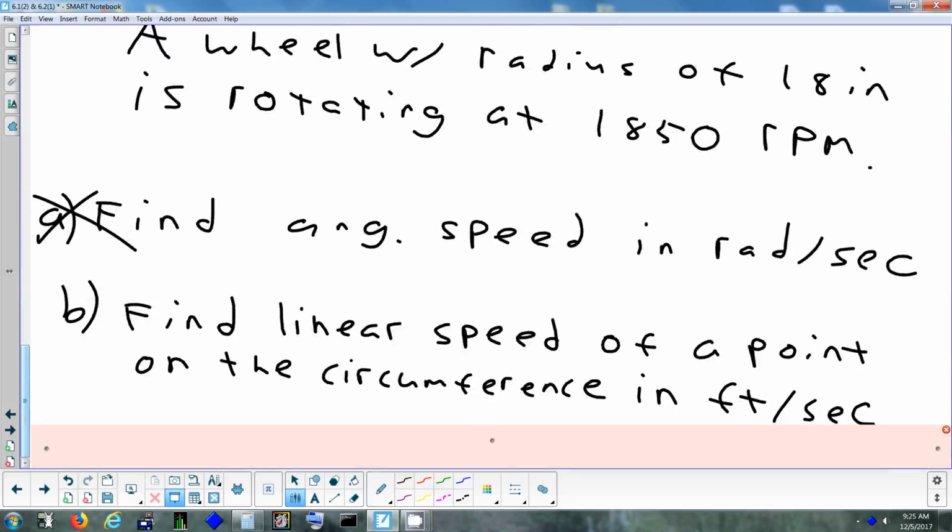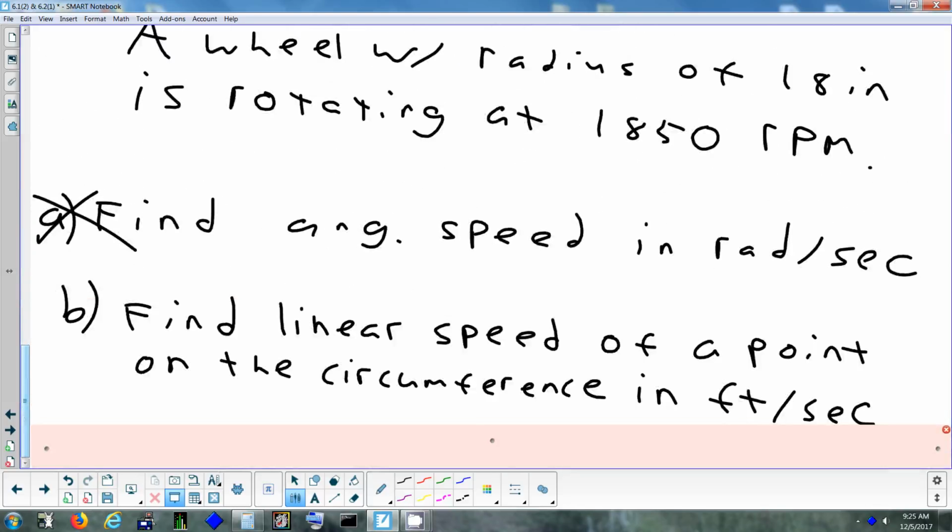So part B says find the linear speed of a point on the circumference of the wheel. Right? And the reason you do a point on the circumference is because think about the tire spinning on the machine. It comes off the machine and hits the ground.